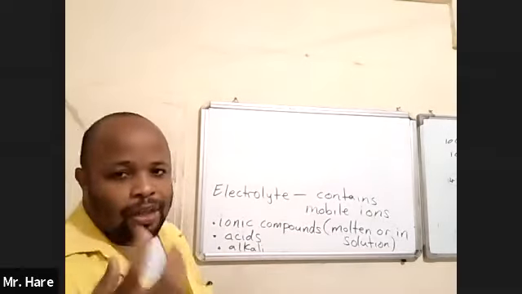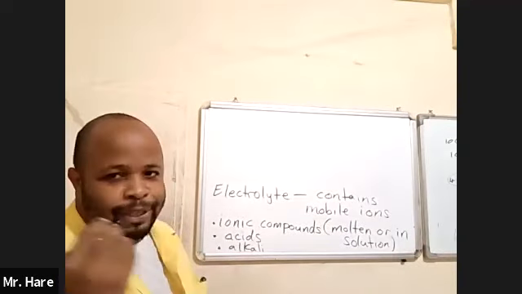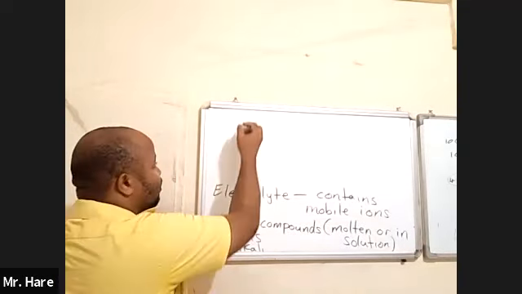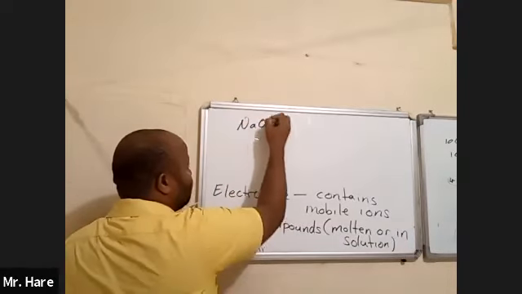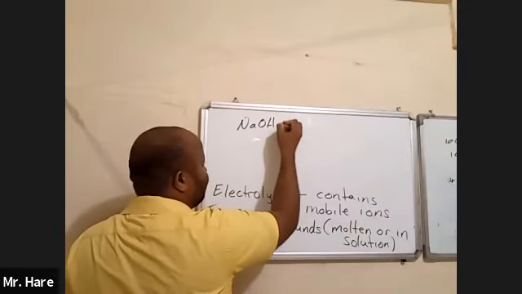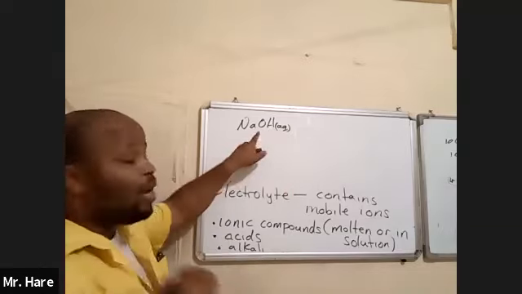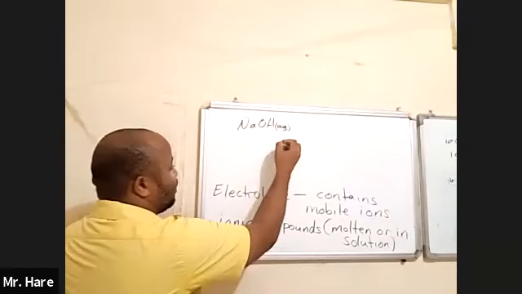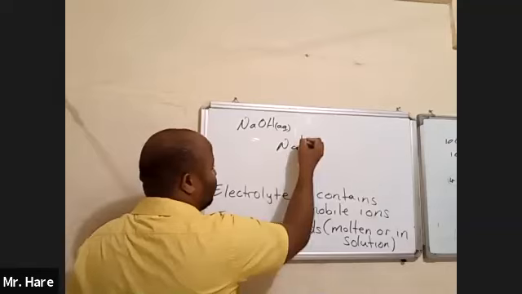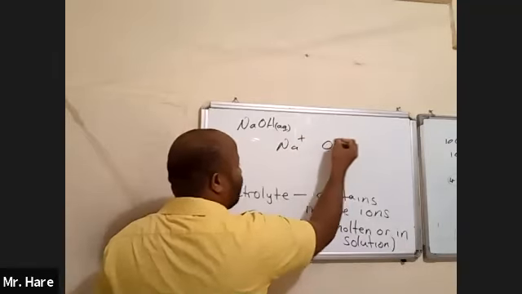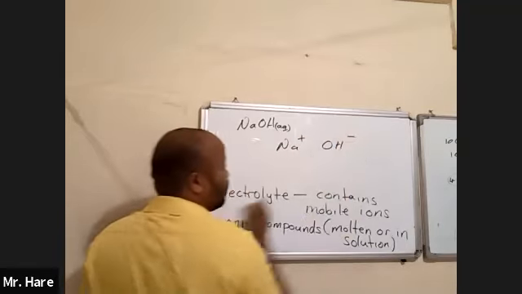If you have a solution of sodium hydroxide, what you actually have are sodium ions and hydroxide ions.